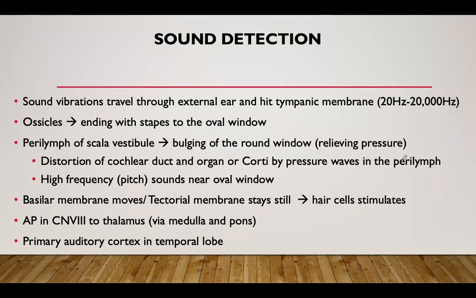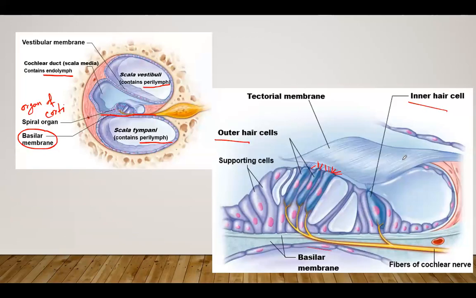So how does all of this come together to give me the ability to hear? First thing that happens is the sound wave comes into the ear, transfers through the external acoustic meatus, and hits your tympanic membrane, causing the tympanic membrane to vibrate.